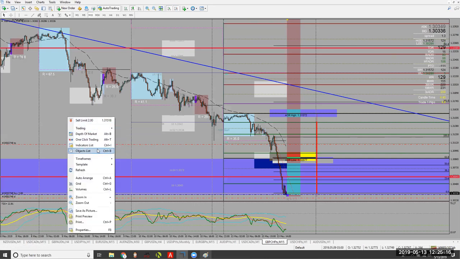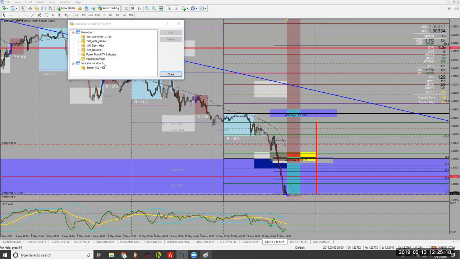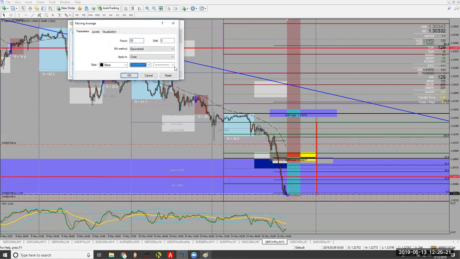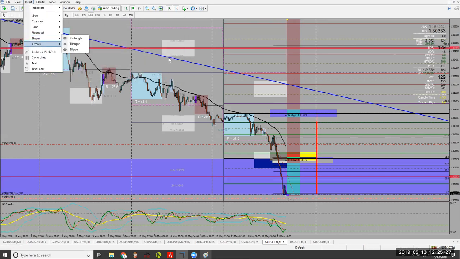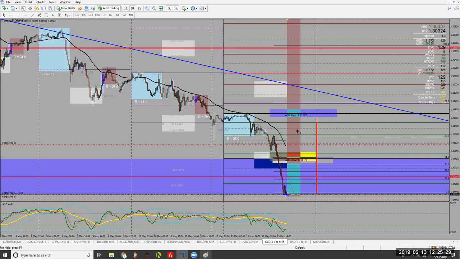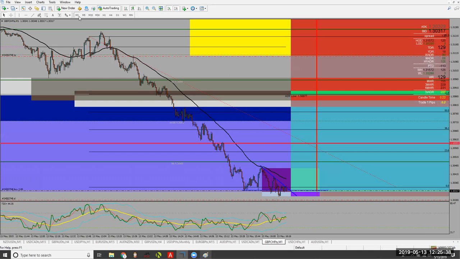Let me change the look of that. All right, so that 50 moving average is gonna fall right in this area. All right, and that's where I'll be looking to breach my target at.